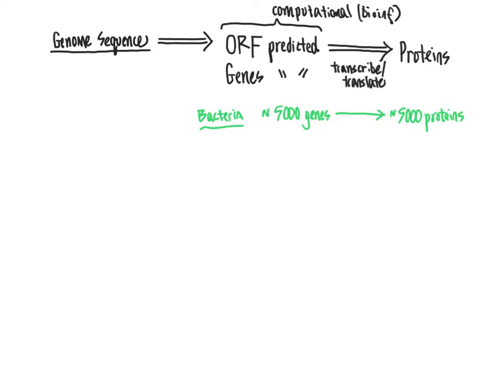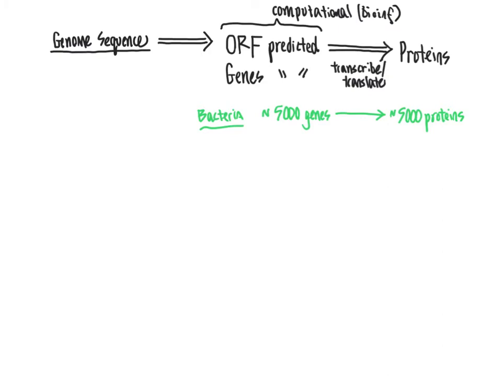Although do keep in mind that with eukaryotic cells, there are some introns mixed in with the exons, and those introns are not transcribed and translated into proteins. So that creates some extra bulk in eukaryotic genomes that isn't present in bacterial genomes. But in bacterial genomes, there are no introns versus exons. Instead, what you see is what you get. The open reading frames correspond directly to the genes that are transcribed and translated into the proteins that the organism is able to produce.